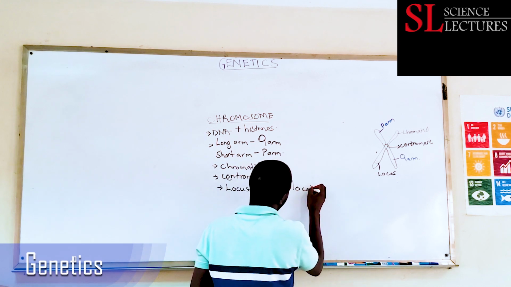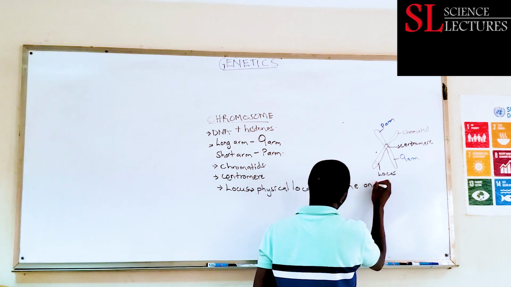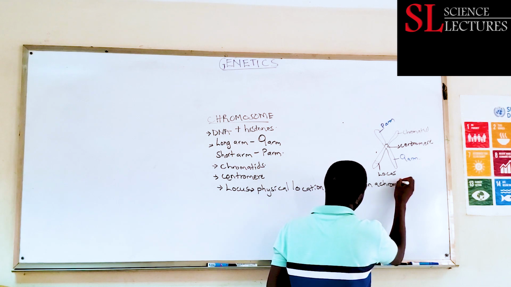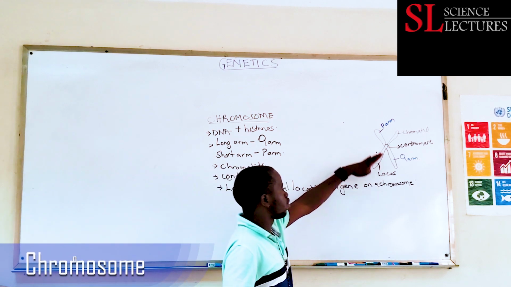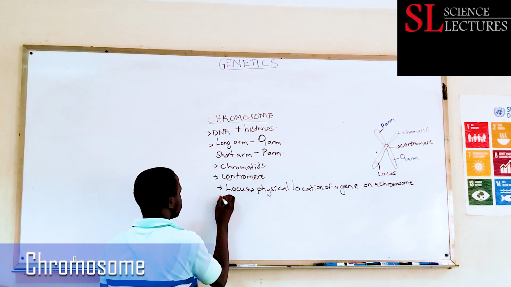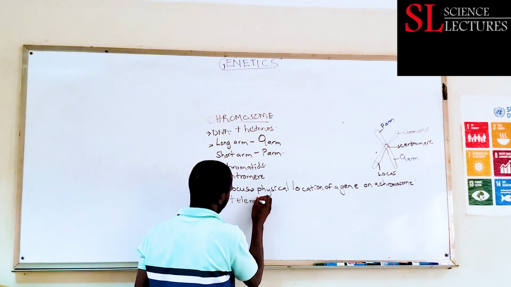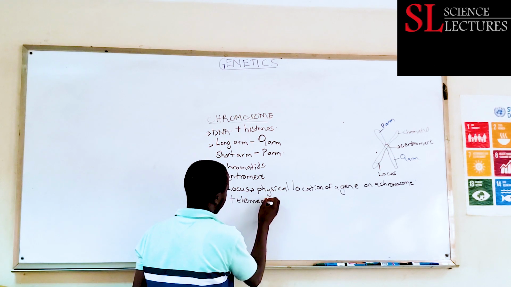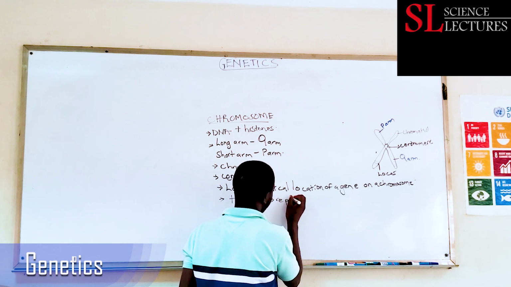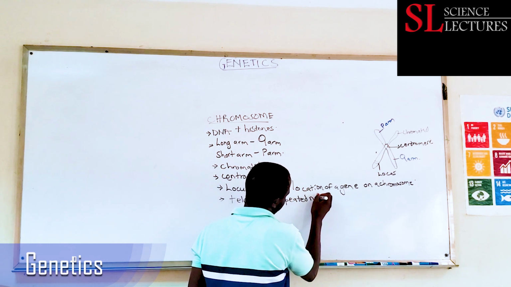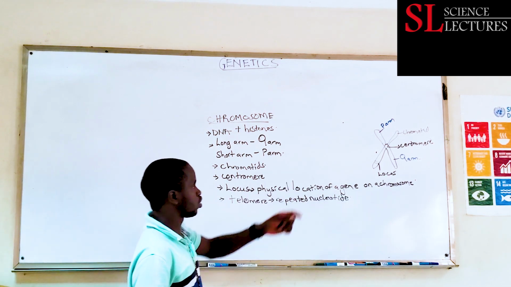And at the end of each chromosome, we have an area of repeated nucleotides called the telomere. So this telomere is a region of repeated nucleotide sequences.